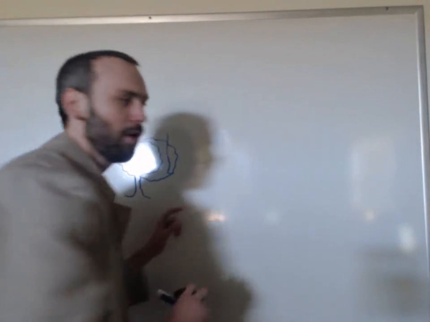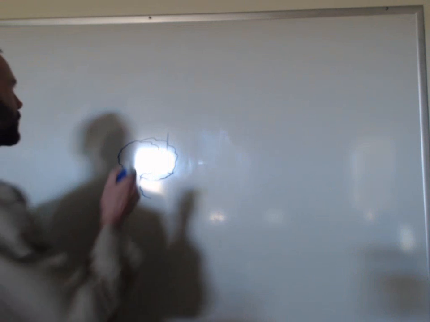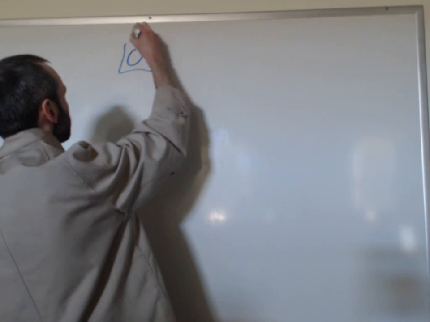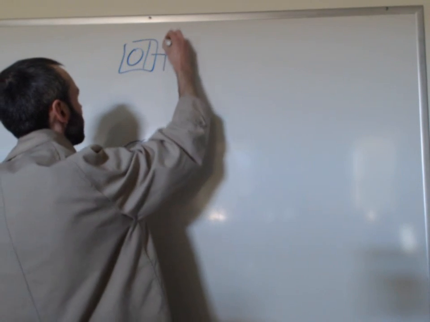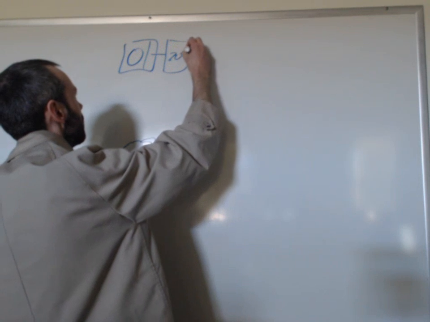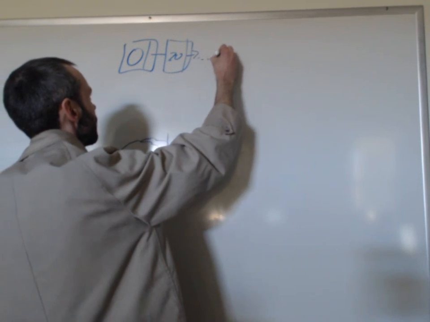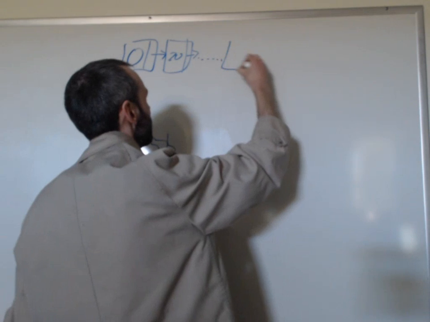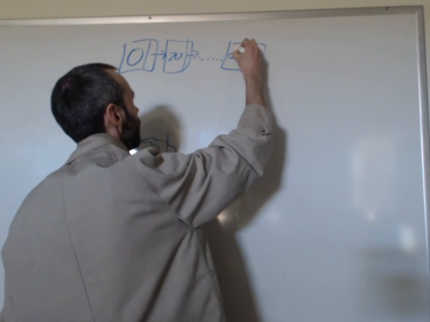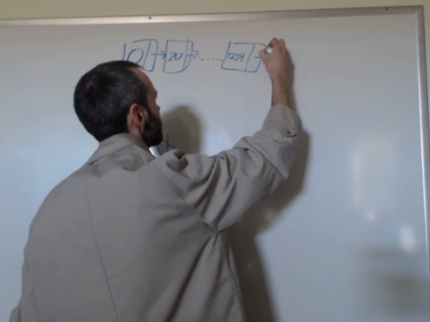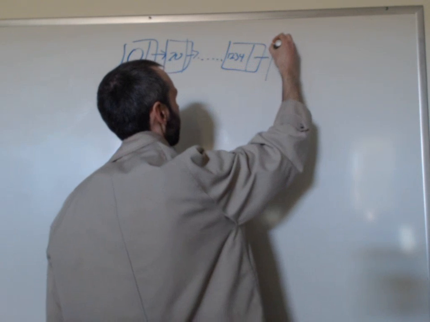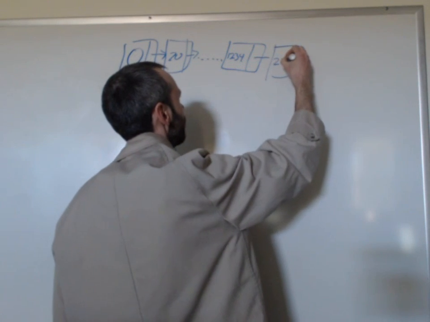So if we were breaking apart this structure, let's just say we had 0 pointing to 20, pointing to a lot of different items, then pointing to 1, 2, 3, 4, which points to 2, 3, 4, 5.